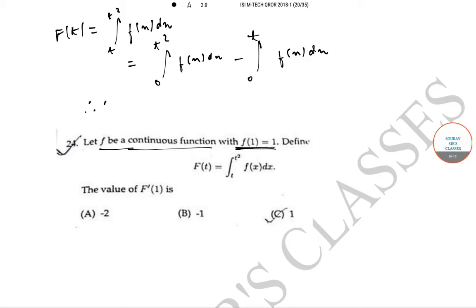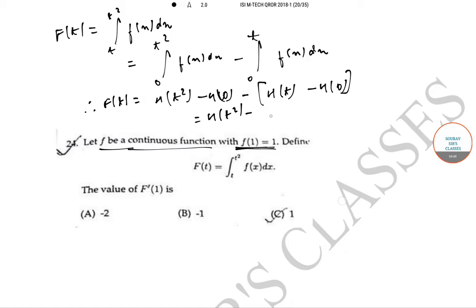Now therefore F(t) becomes H(t squared) minus H(0), minus H(t) minus H(0). So I am left with H(t squared) minus H(t).